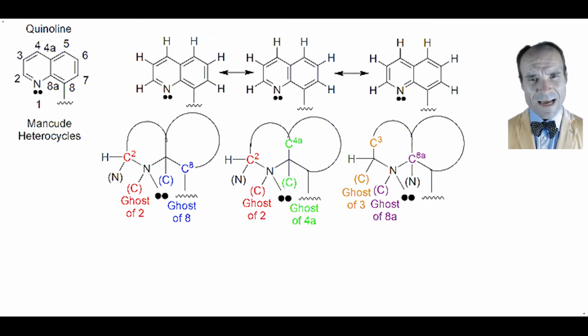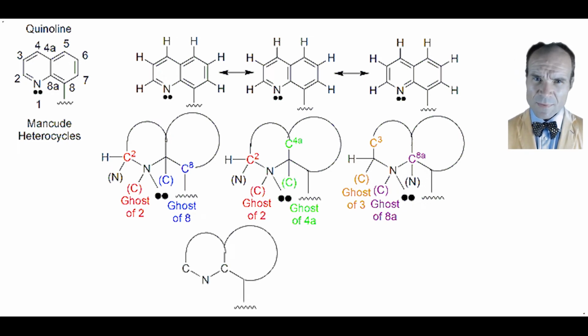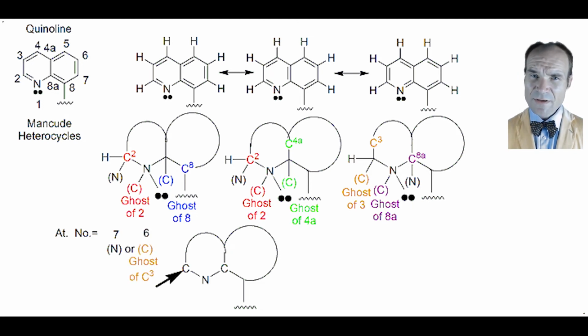Well, now and only now, it is important to consider the source atom that dictates the various ghost carbons. If we start with carbon 2 position, the left and center resonance structures have a nitrogen ghost atom due to the ring nitrogen, whilst the right resonance structure has a ghost carbon due to carbon 3.